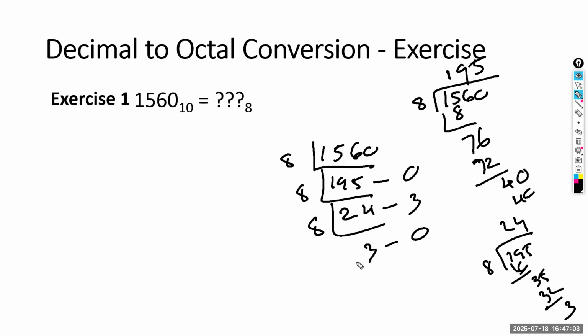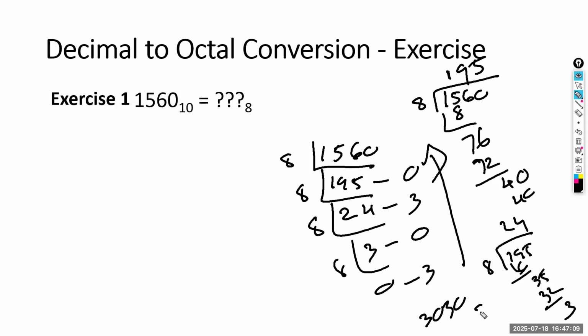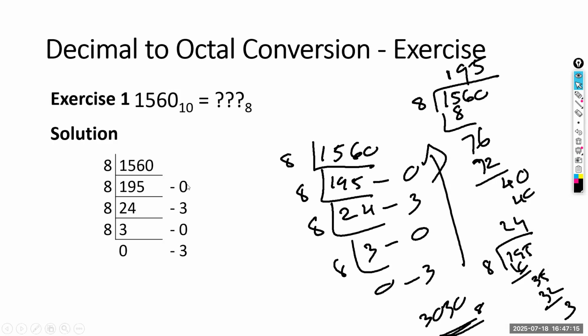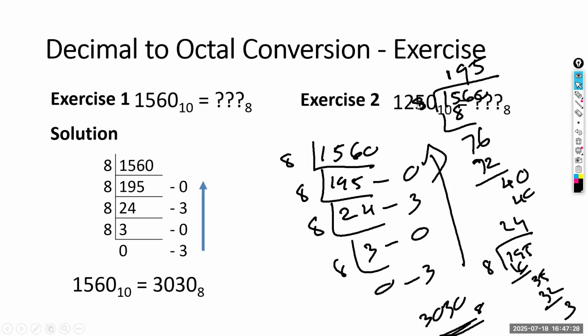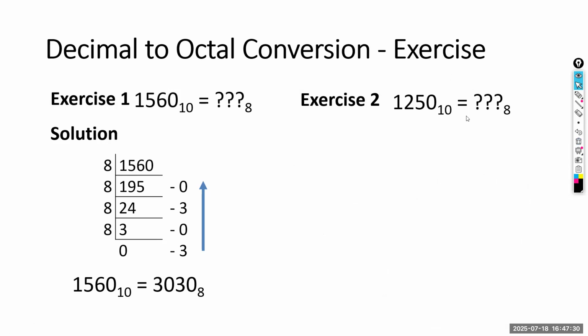Then 24 divided by 8 is 3, nothing remains. Then 0, 3 remains. Is it 3030? Yes, 3030. Okay. So this exercise you can do by yourself because the answer is also given.